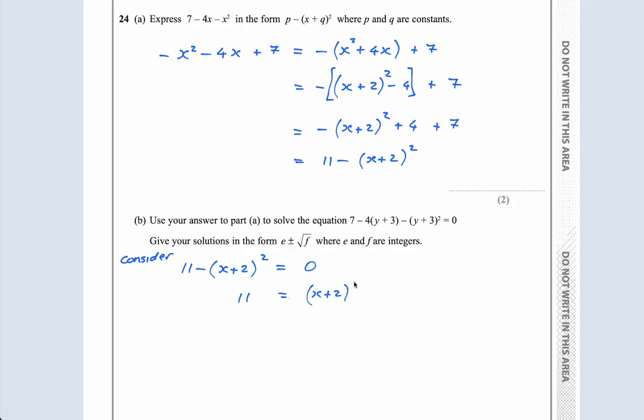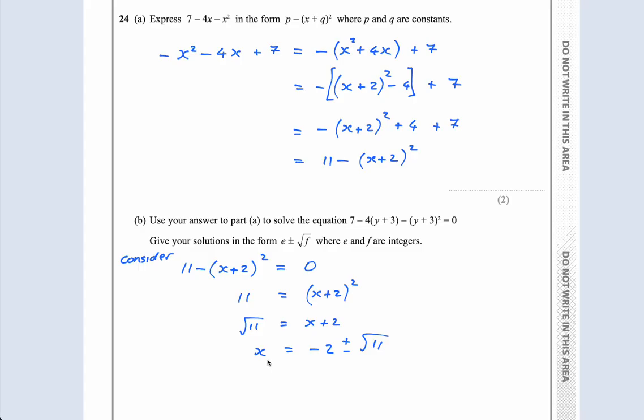I'm then going to get the square root of both sides. Square root of 11 equals x plus 2. And then I'm going to subtract the 2. So x equals minus 2 plus or minus, because he wants that here, plus or minus root 11.